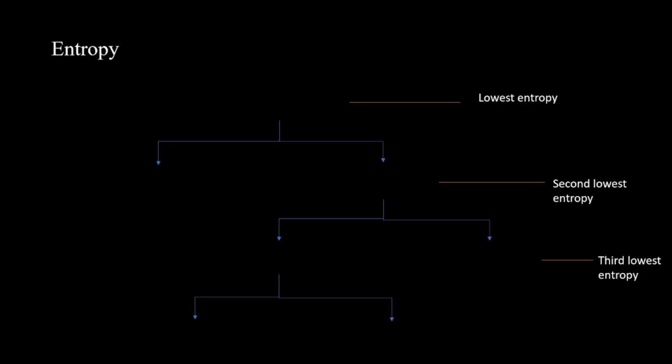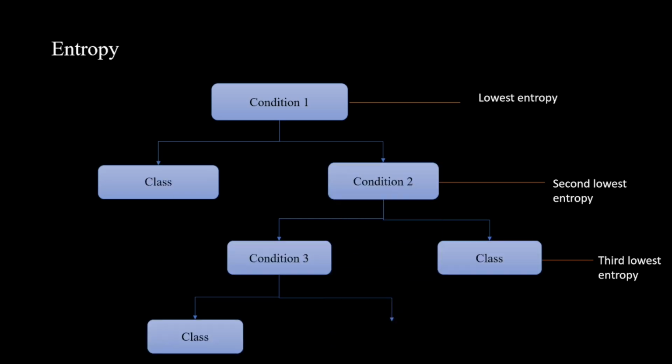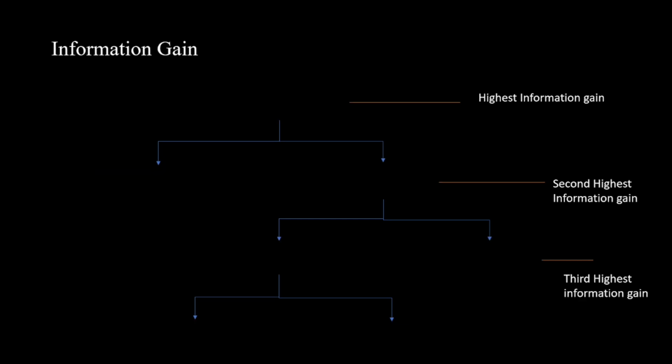Entropy is a measure of the randomness of the information being processed. The randomness refers to the irrational and misinformed trends that contribute to the misrepresentation of the underlying information. Next is information gain.